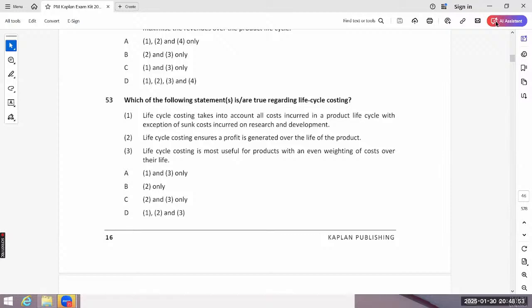Yes, student, what about statement 1? Is it true? Life cycle costing takes into account all costs incurred in a product life cycle, except for sunk cost.